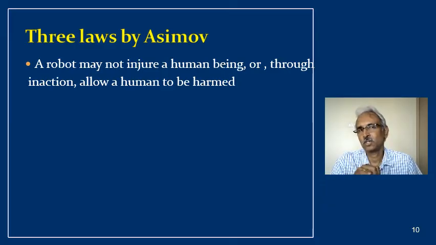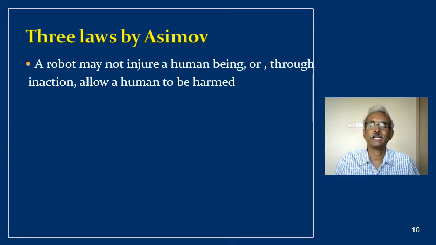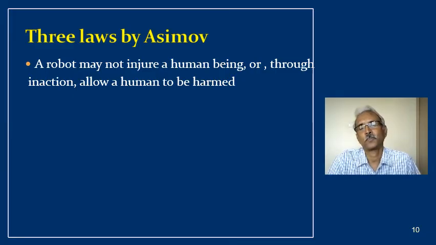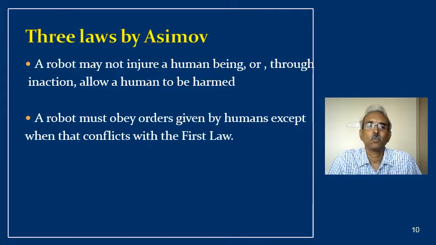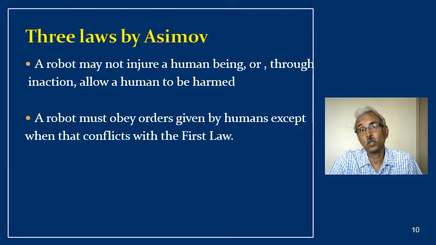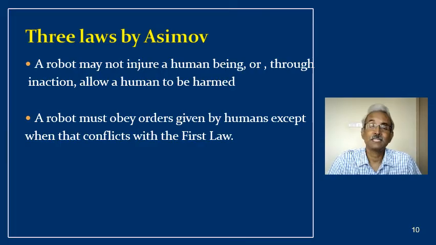Robots should not injure a human by way of functioning. And the additional thing is, if a human is going to be harmed, it cannot be idle or inactive and thereby allow a human to be harmed. So that is the first law of Asimov. And the second is, a robot must obey orders given by humans, probably the robot's boss, except when that conflicts with the first law.